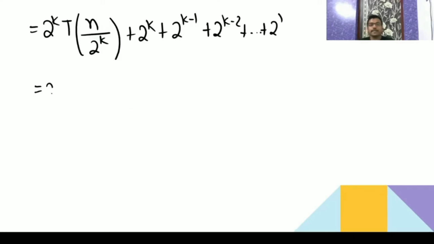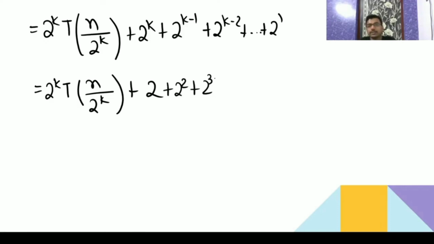So you can write it as 2 to the power k T(n/2 to the power k), and then 2, going till 2 to the power k minus 1 plus 2 to the power k. Is it clear? Please let me know till now whether it is clear or not.